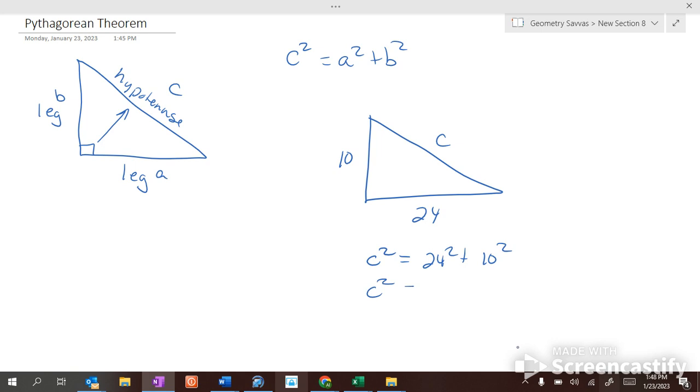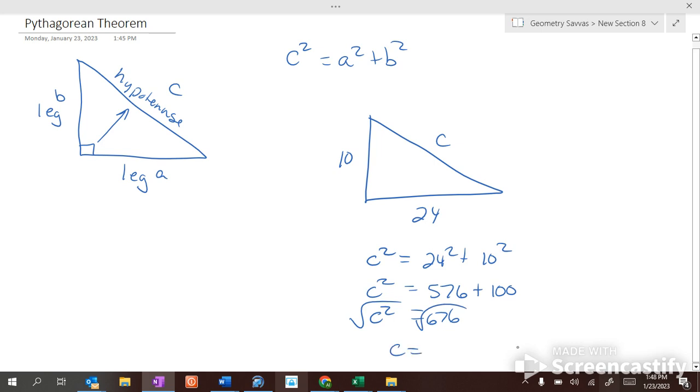Get out your calculators. 24 squared. Is that like 576? 10 squared. So C squared equals 676. Take the square root of each side. C equals 26.